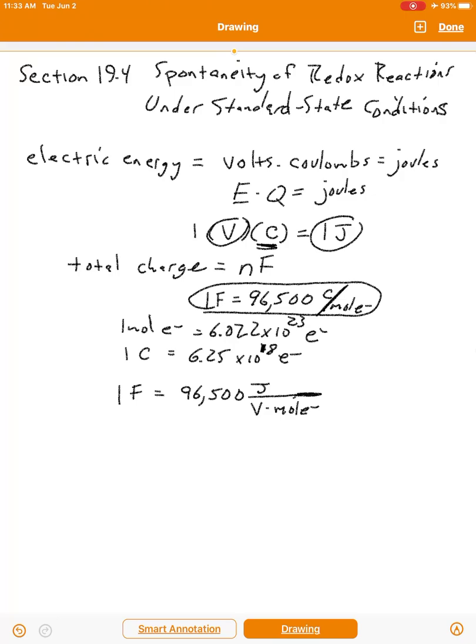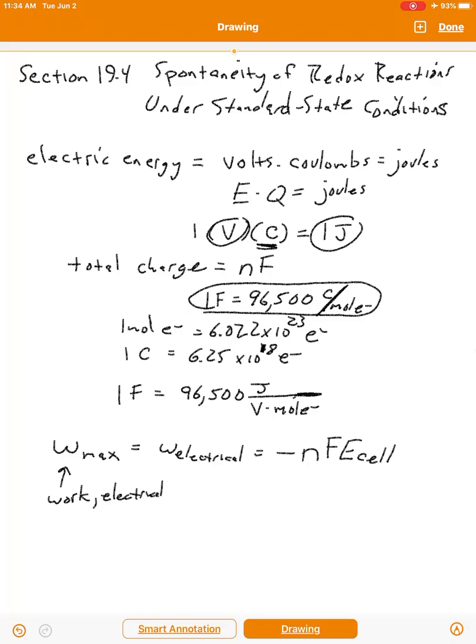Now I'm going to state the following, this is a claim, that the maximum amount of work, and this is electrical work, is equal to minus n times F times E cell.